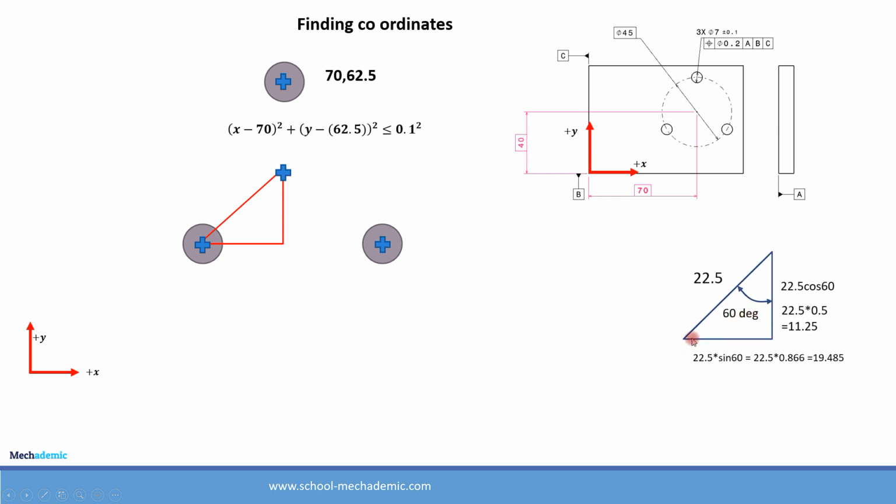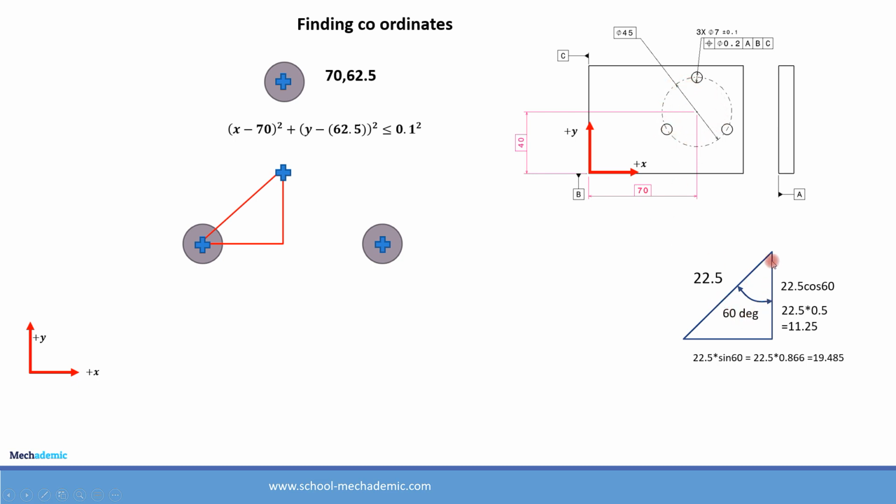We know from geometry that this angle is 60 degrees. These holes are divided equally with respect to the angles, that is 360 divided by 3, which means that each sector will have 120 degrees and half the sector is 60 degrees. So this is 60 degrees and this length is 22.5, which is the radius of the pitch circle, 45 divided by 2.